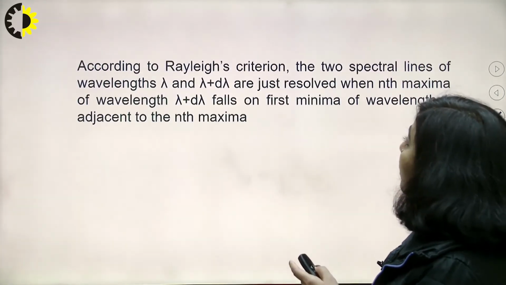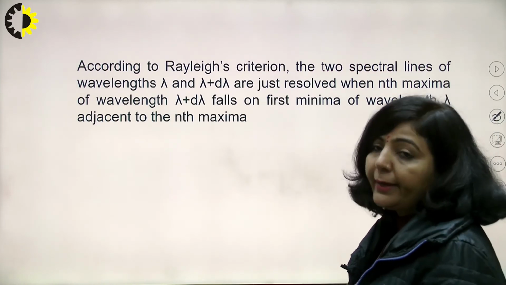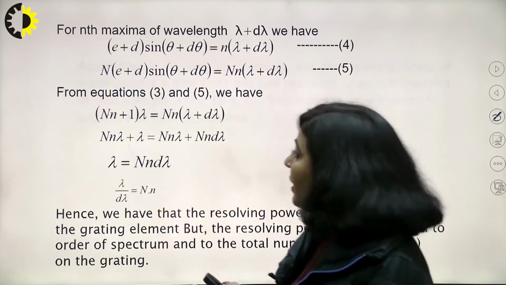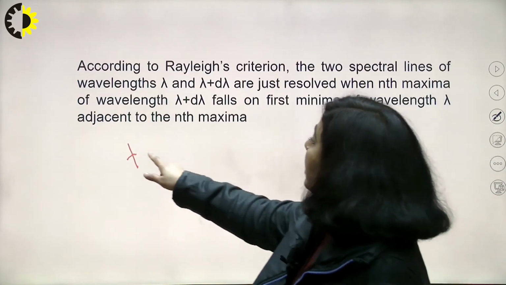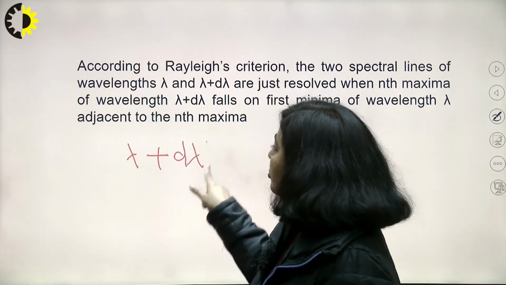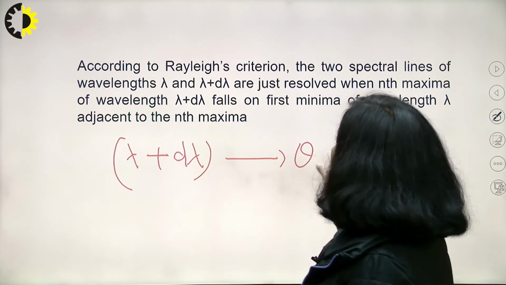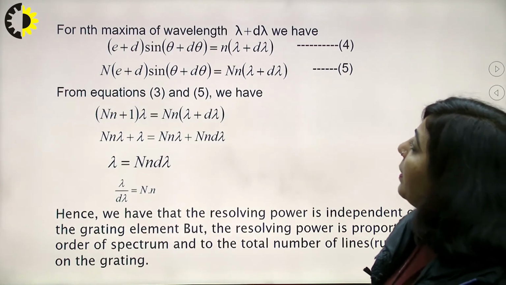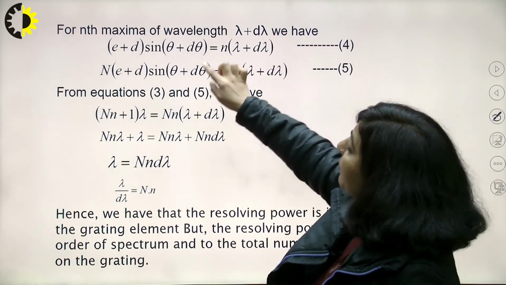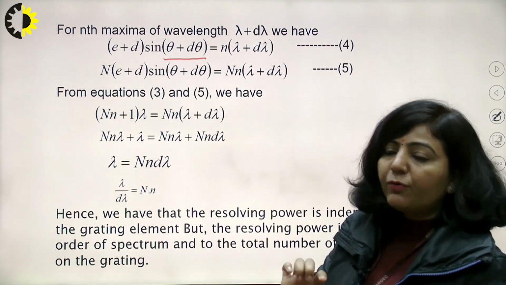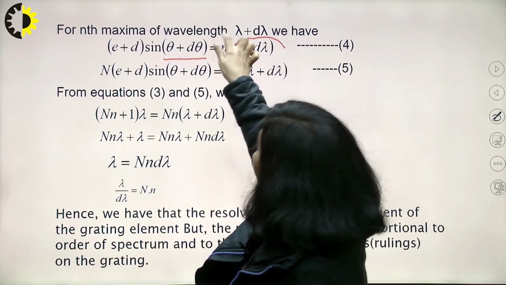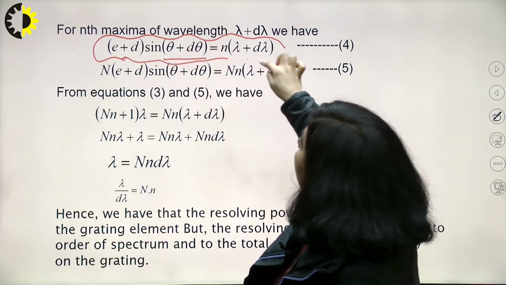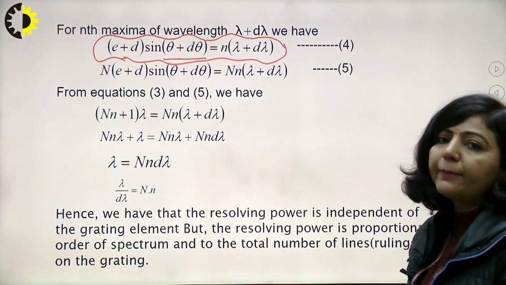Now, what I have told you is that in order to satisfy the Rayleigh criterion for the second source, that is the source of wavelength lambda plus d lambda, its nth order maxima must also be observed at theta plus d theta. If you are getting the nth order maxima at theta plus d theta for the second source, then the grating equation will give you this nth order maxima. So you are getting equation number 4 here.